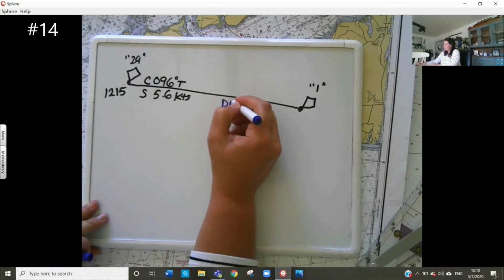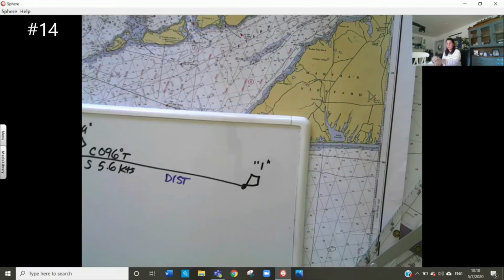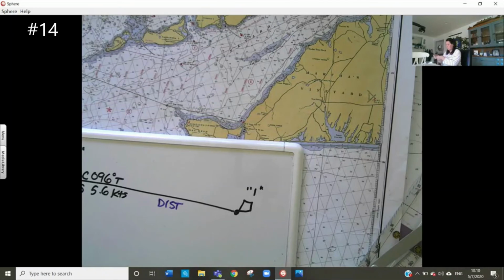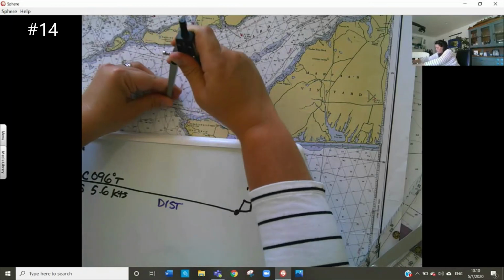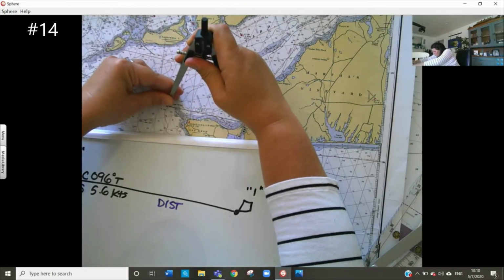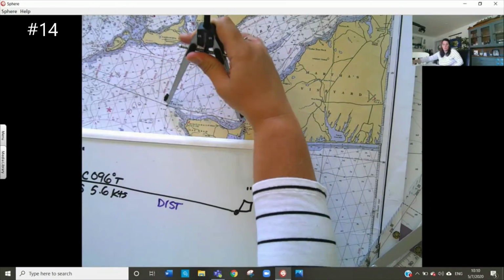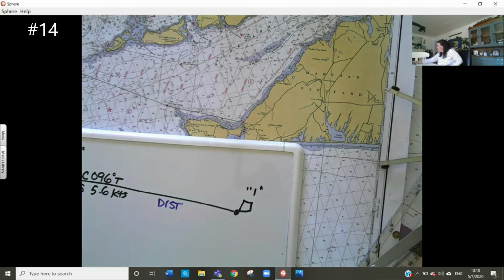So what is our distance? We're going to use our dividers. Here we go. There's our distance. I'm going to bring it up and say our distance is about 4.2.